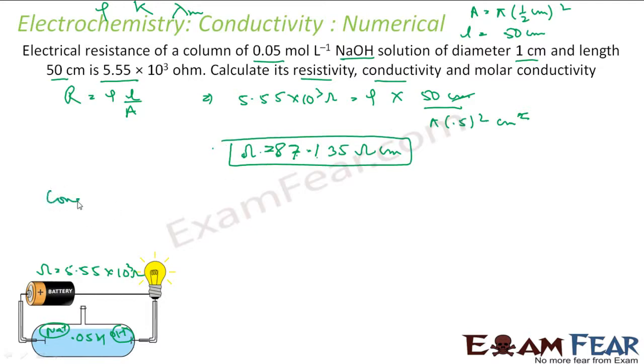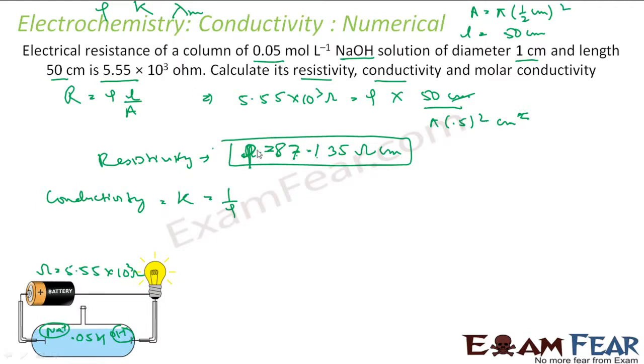If you want to find conductivity, please note this was resistivity. Conductivity kappa is nothing but 1 by rho, right?